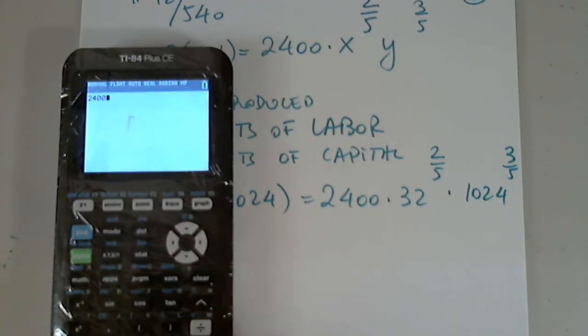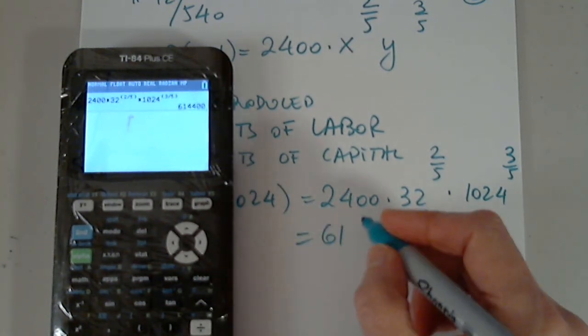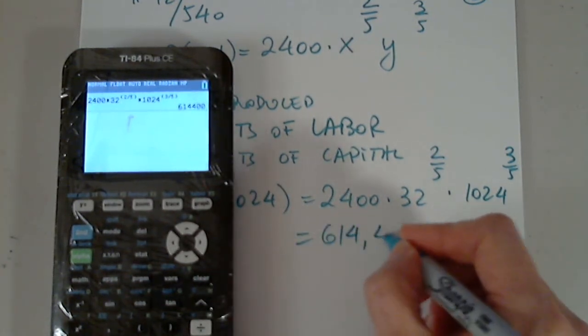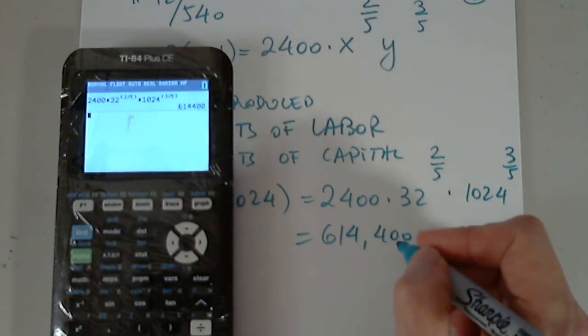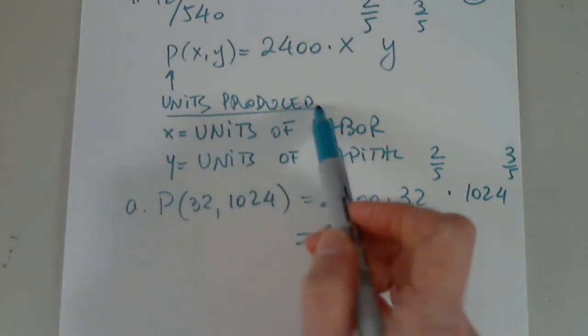So 2400 multiplied by 32 power, I would put that in parentheses, and then multiplied by 1024 caret and put that in parentheses, 3 divided by 5. Let me make sure I entered everything correctly. Yes. So 614,400 units produced.